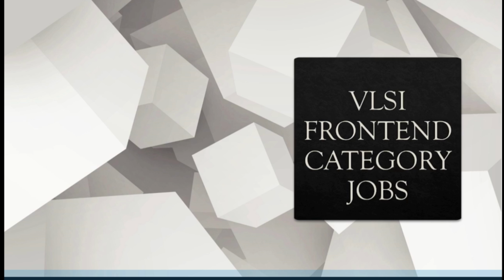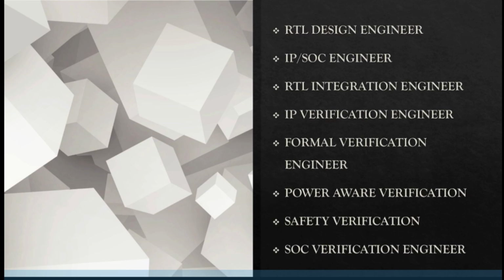So basically you all know that VLSI is primarily categorized into two parts, which are front end and back end engineer, right? So as a front end VLSI engineer, what are the various roles that you can pursue? When you are entering into the front end of VLSI, into design and verification, basically you will encounter any of these job roles.